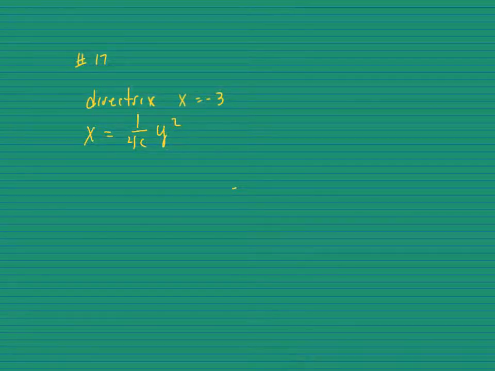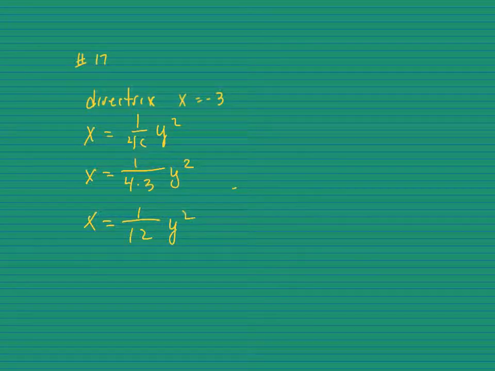Doing some simplification, my directrix is -c, therefore my c is going to be +3, so x is going to be equal to 1/(4 times 3) y squared, or x is equal to 1/12 y squared, and there's your equation.